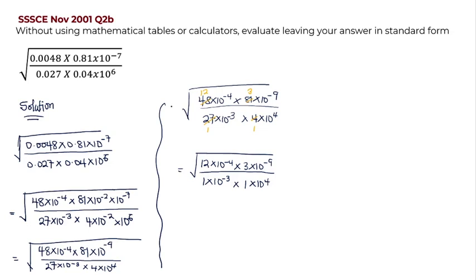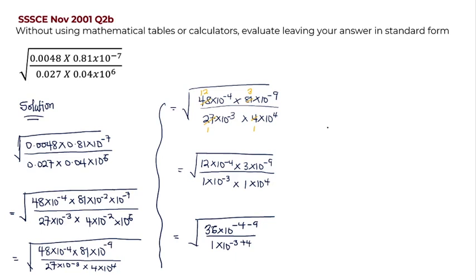So this is equal to the root of 12 multiplied by 3 will give me 36 times 10 raised to the power minus 4. This multiplication in between these two numbers means we are going to add the powers. So minus 4 plus minus 9 becomes minus 4 minus 9, all on 1 multiplied by 1 will give me 1, so I have 1 multiplied by 10 raised to the power minus 3 plus 4.